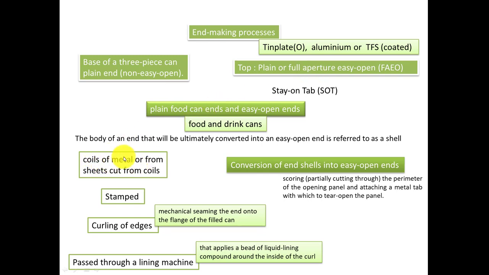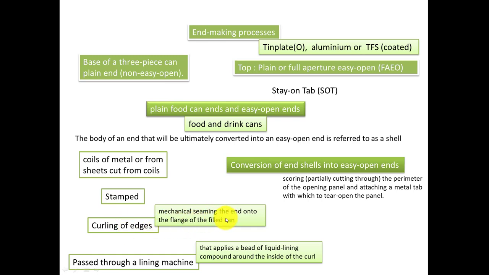For preparation of this can end, we generally use coils of metal or sheet cut from the coils. Either you can use the metal coil directly or you can make a sheet cut and then use it. Then it is stamped. Stamped means pressing, followed by curling of the edges and the mechanical seaming.